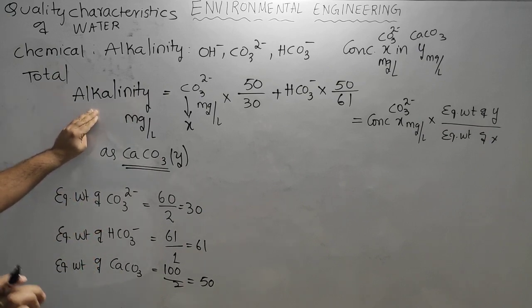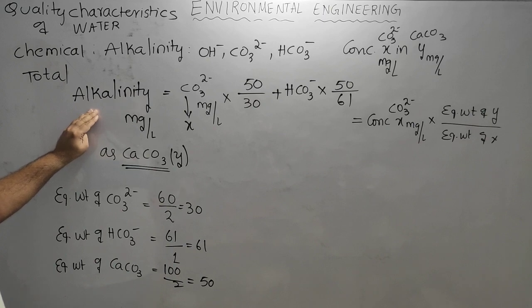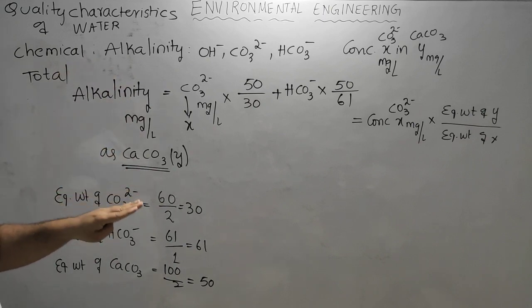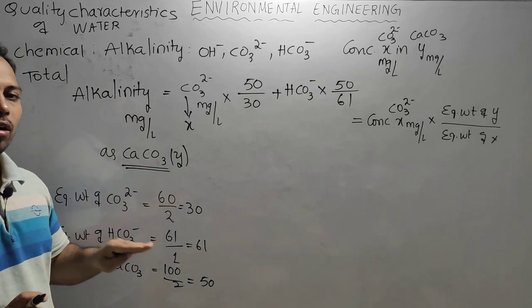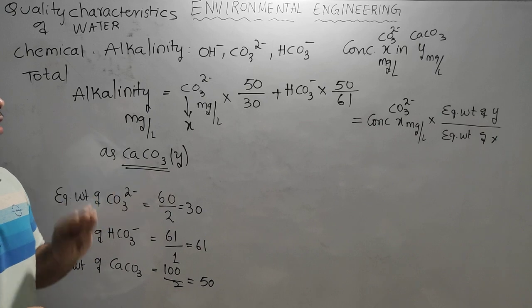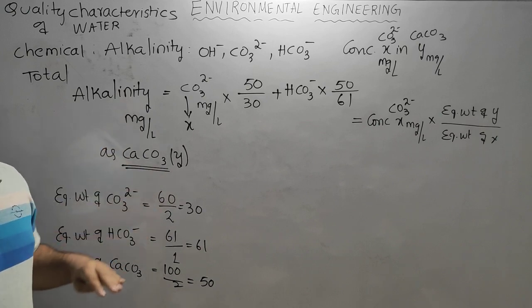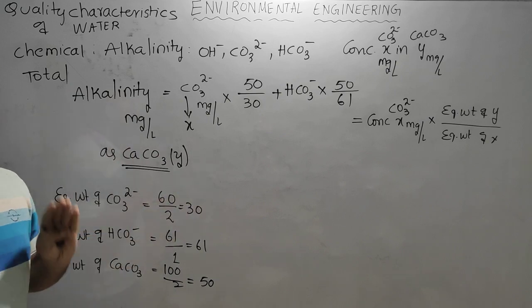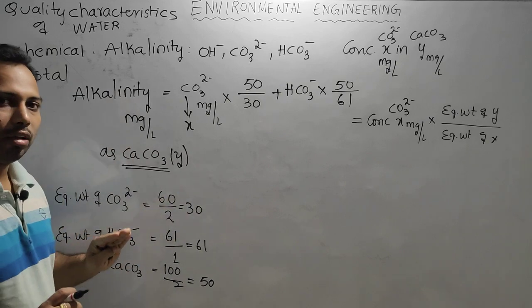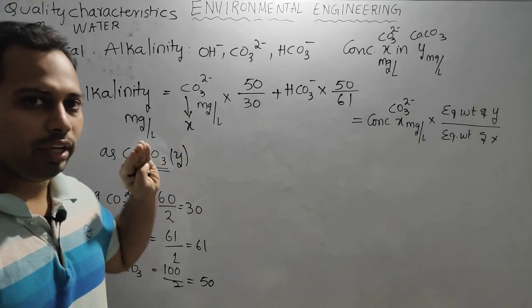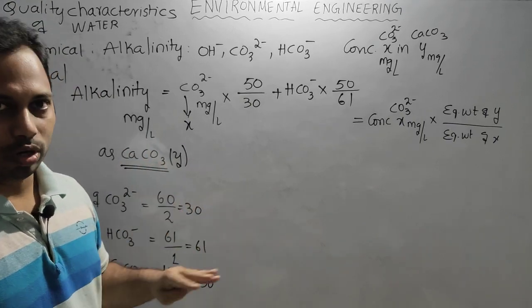I am repeating again and again: alkalinity is caused by all the negatively charged particles having the capability of neutralizing hydrogen ion. But taking all the compounds into consideration makes the equation very complex, so we neglect the minor compounds. We only consider the major compounds in drinking water or raw water.